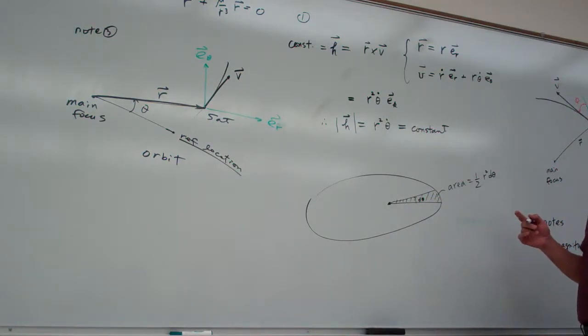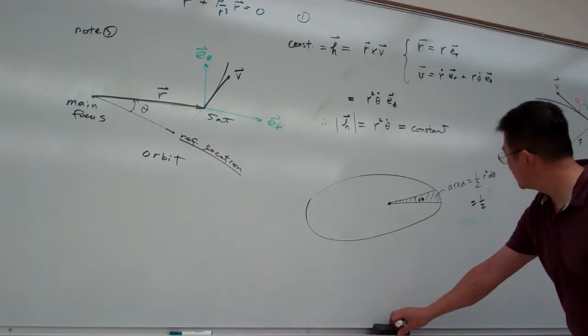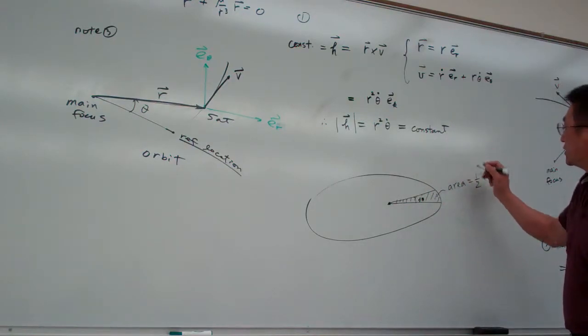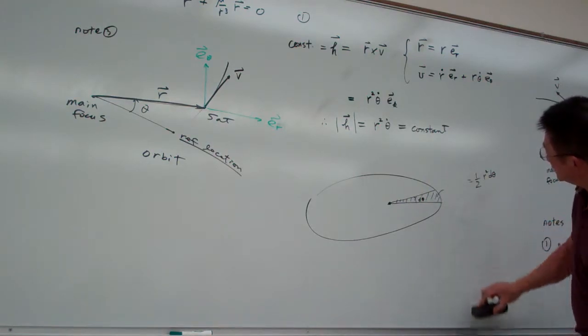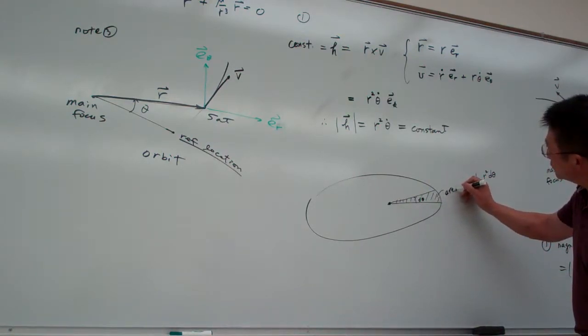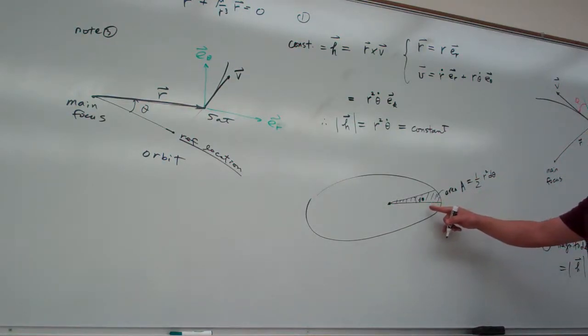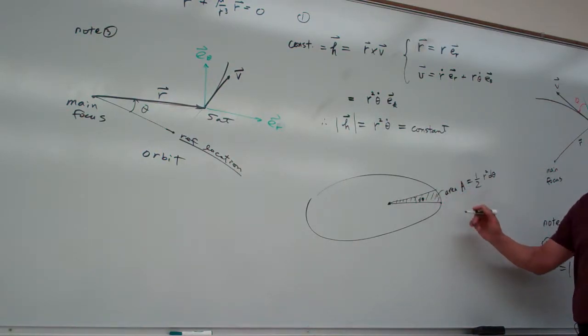Okay, and let me define this area as A. Okay, the A represents the area the satellite sweeps between certain durations.